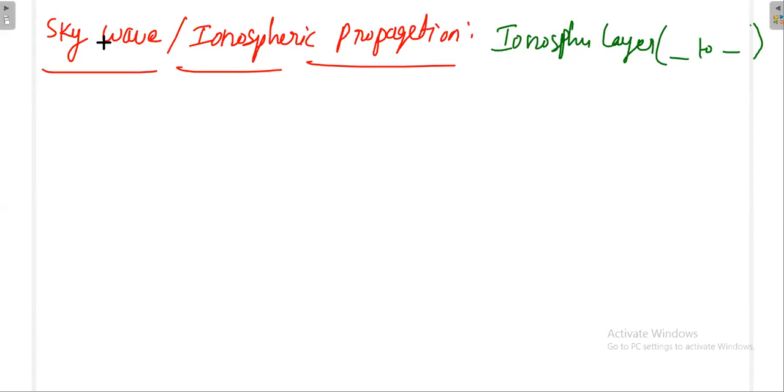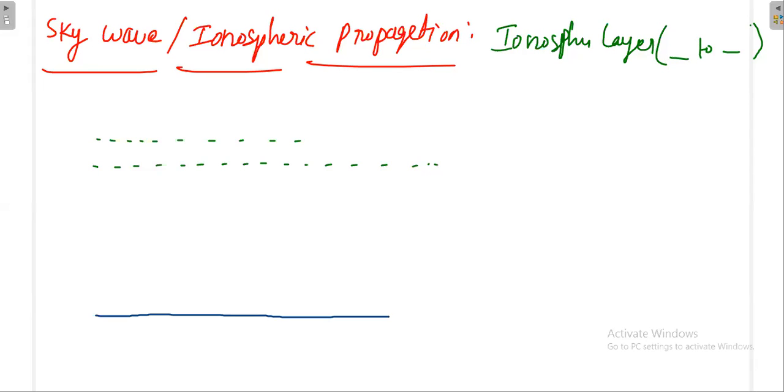Now what happens? Suppose you are on the surface of the earth, and the ionosphere consists of many layers: D, E, F1, F2. Again, please try to find out the actual height. This is the ionospheric layer.